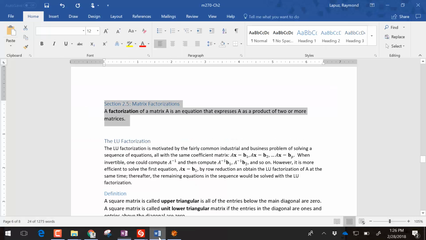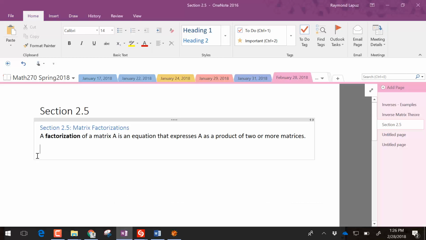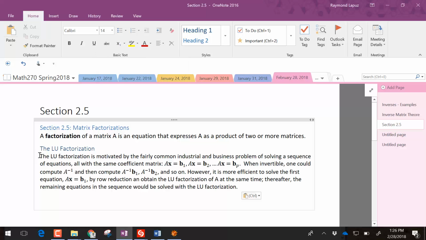So let's take a look at one particular factorization, and this is just kind of a motivation for why people would want to factor a matrix. The LU factorization is motivated by some stuff in economics, where you have AX equals B, some B vector, and then the same A, AX equal to another B vector, and then another AX equal to a different B vector.